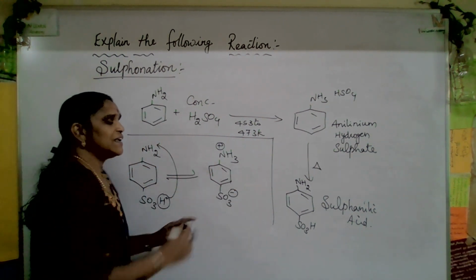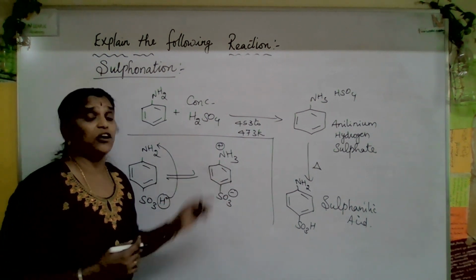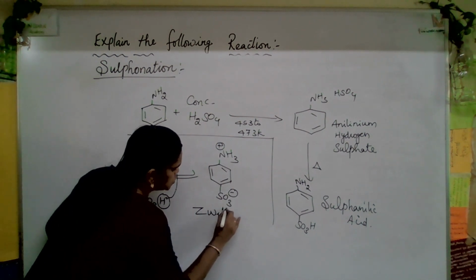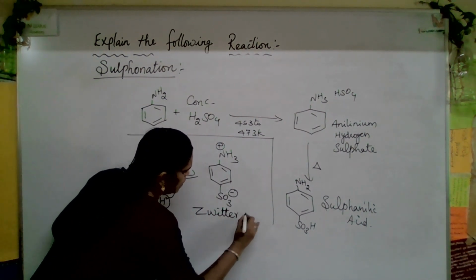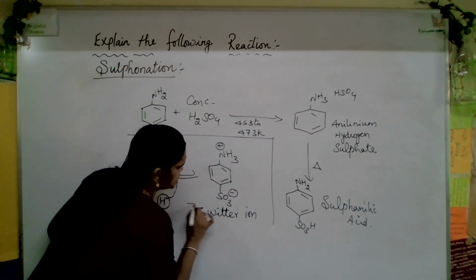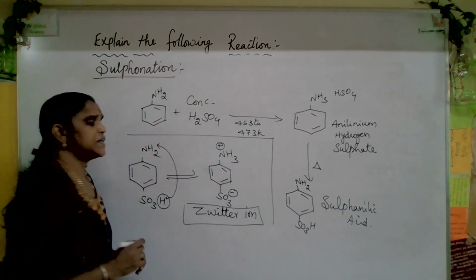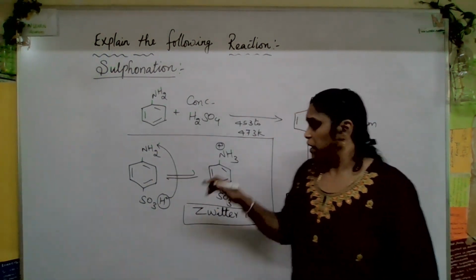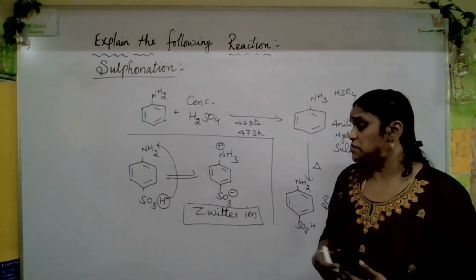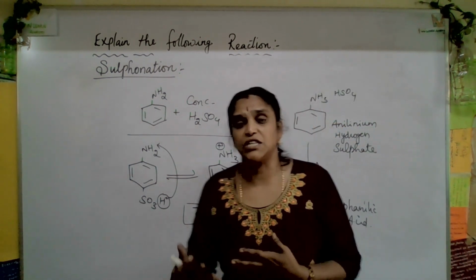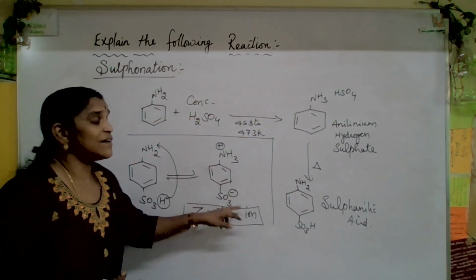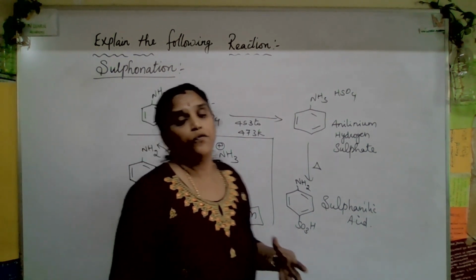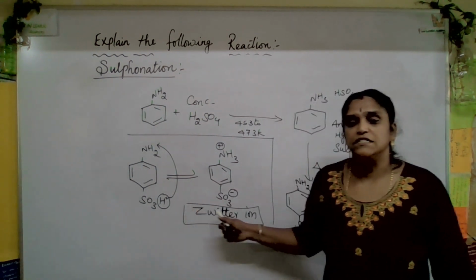So that internal transformation of ions takes place. That is called Zwitter ion. What do you mean by Zwitter ion? Zwitter is a German word, meaning hybrid. So there is a hybrid mixing. It is internal transformation of ions to form a salt, so that is what we can say is a Zwitter ion.